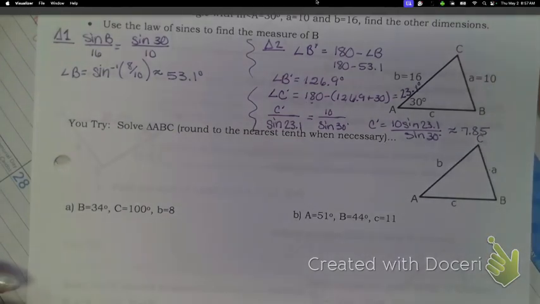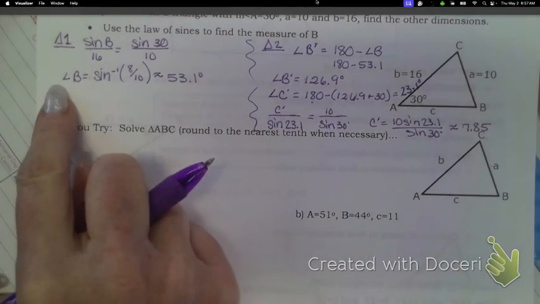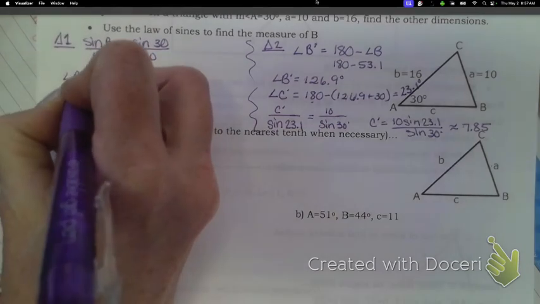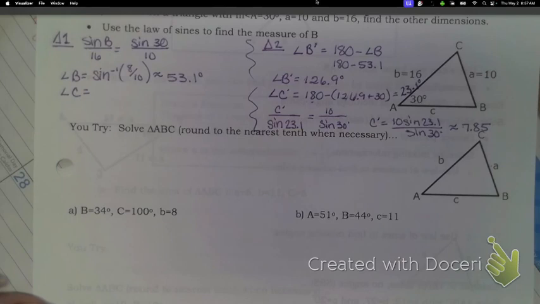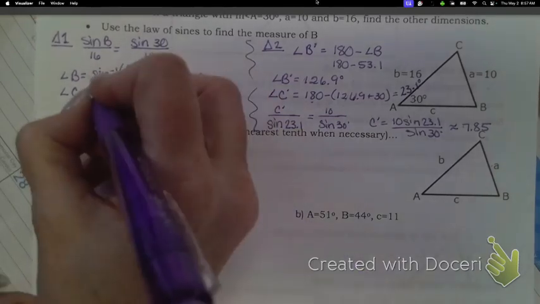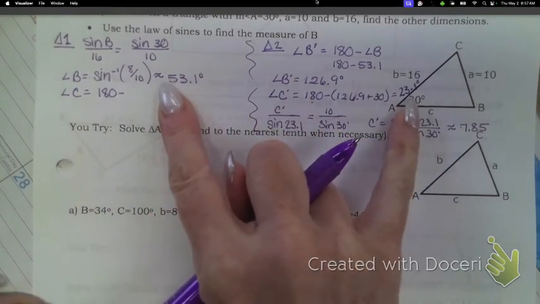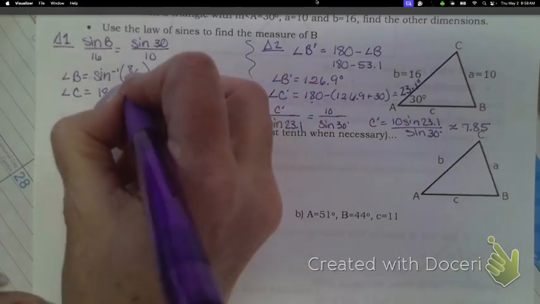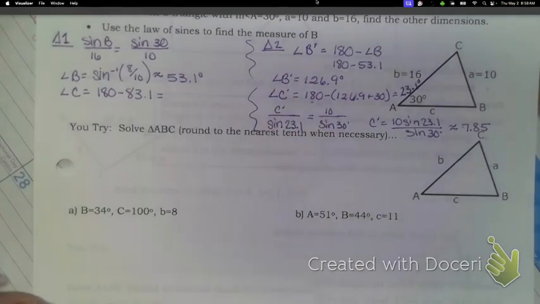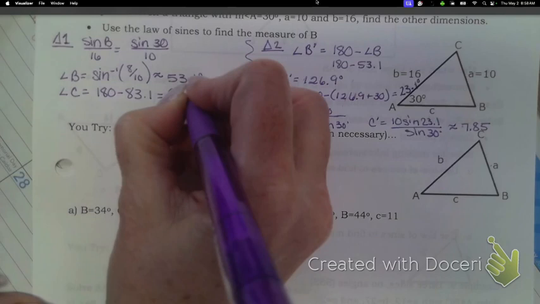Okay. Now I got to come back and find angle C in the first triangle. So what am I going to use to find angle C in the first triangle? 180 minus 53.1 plus 30. So 83.1, is 96.9.